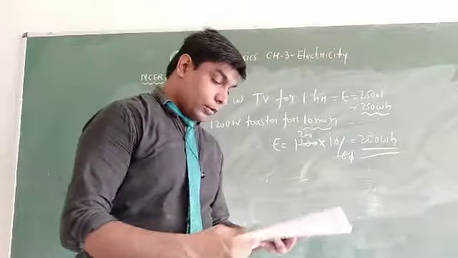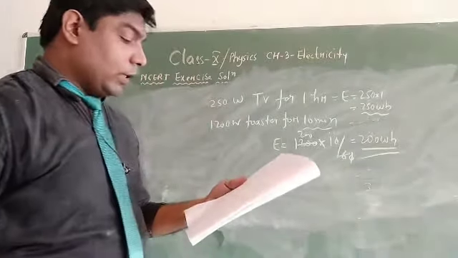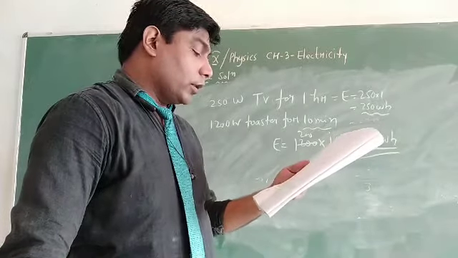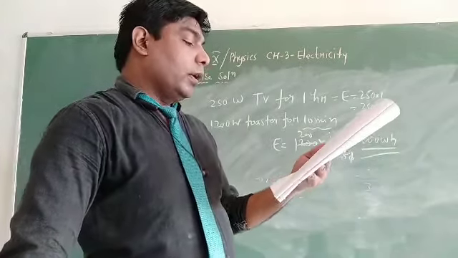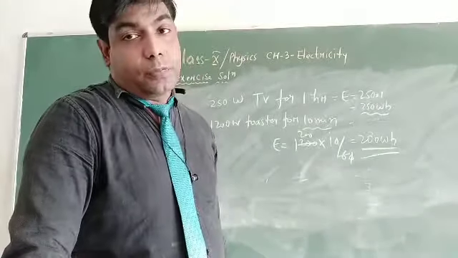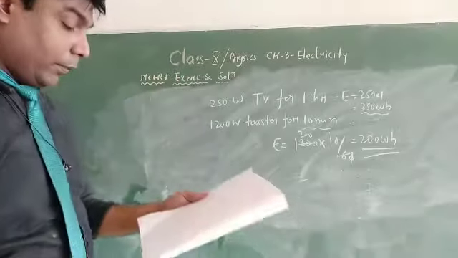Right? Question number 17. An electric heater of 8 ohm draws current of 15 ampere from the service main for 2 hours. Calculate the rate at which it is delivered. Rate means rate of energy, that is power consumption. Energy divided by time. Right?